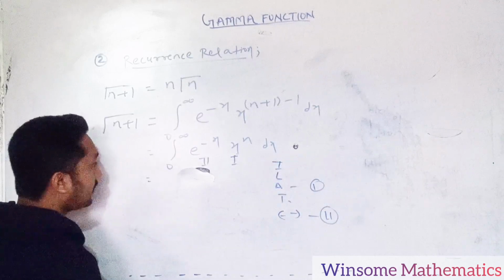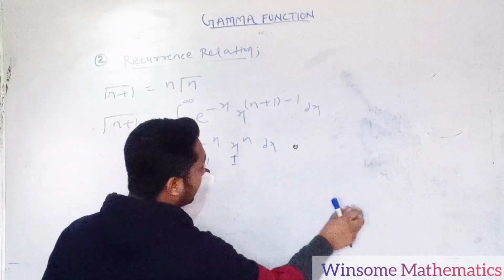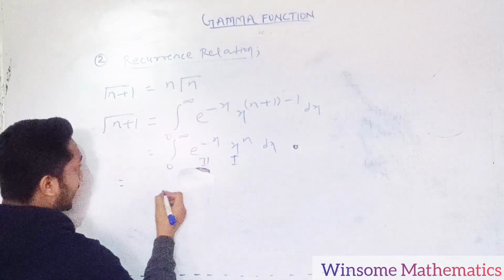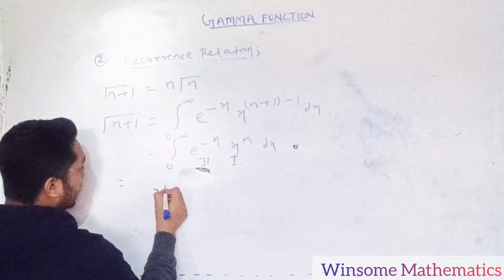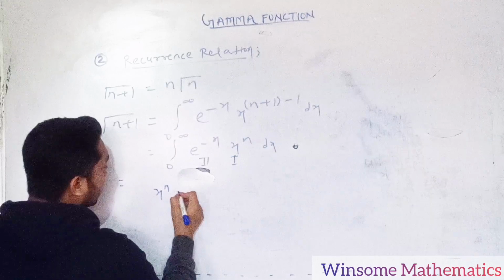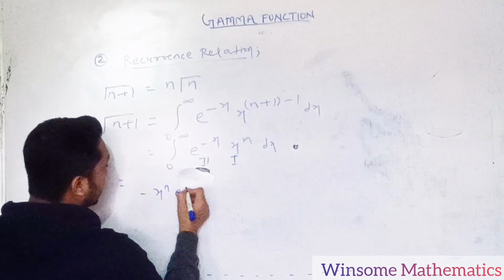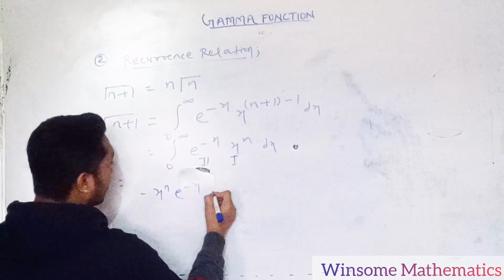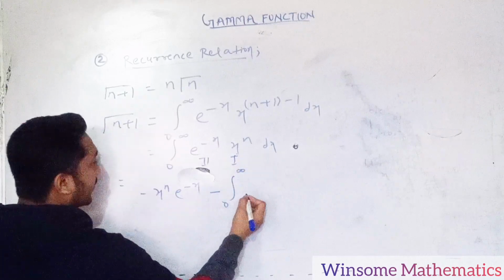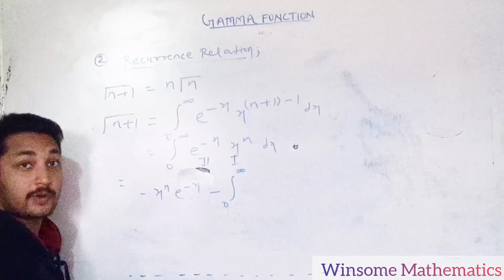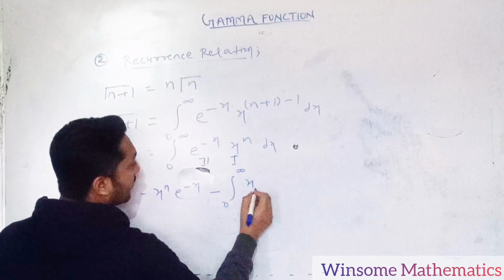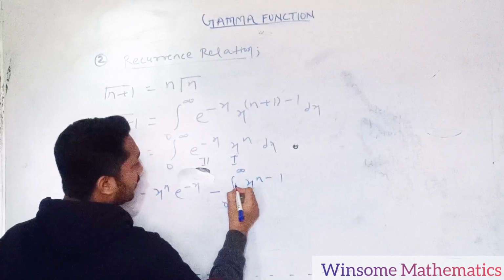Now by using integration by parts, we can easily write first function into integration of second function, that is x to the power n, minus comes outside, e to the power minus x, and this is integral 0 to infinity derivative of the first function. What is the derivative of the first function here? Derivative of the first function is x to the power n minus 1 into n.